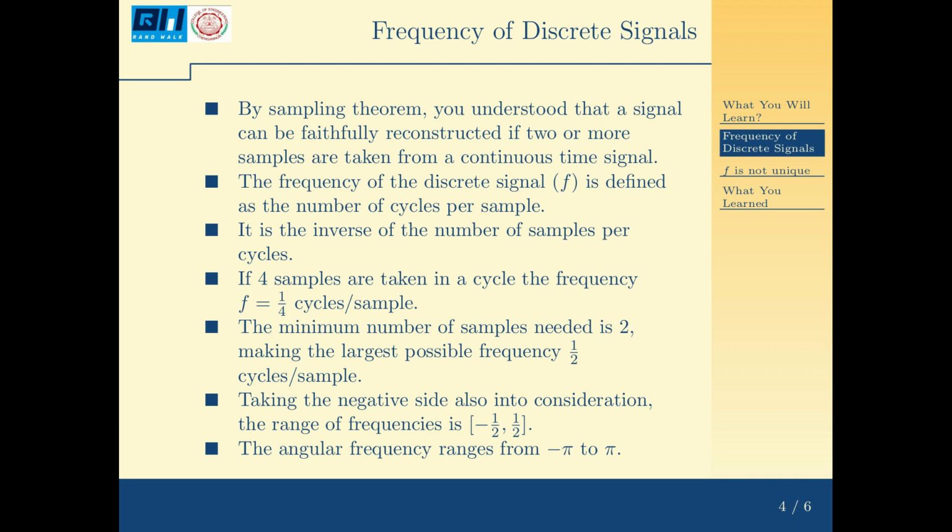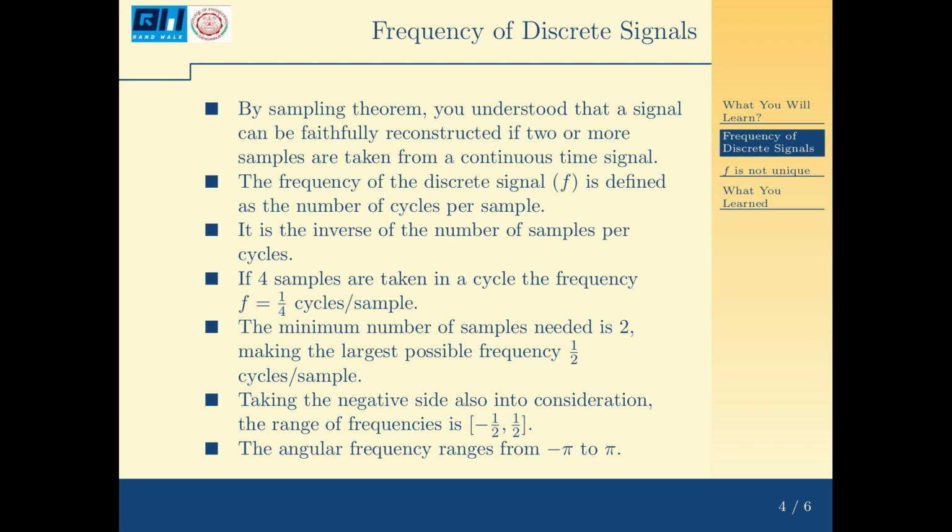So the concept of the frequency of such a discrete signal is different from the frequency of a continuous time signal. For a continuous time signal, the frequency is the number of zero crossings in a second. That is, you observe the signal for a second, and if you see, say, 500 zero crossings, it has a frequency of 500 hertz. If you see 1000 zero crossings, then it has 1000 hertz. That is not the concept of frequency for a discrete time signal.